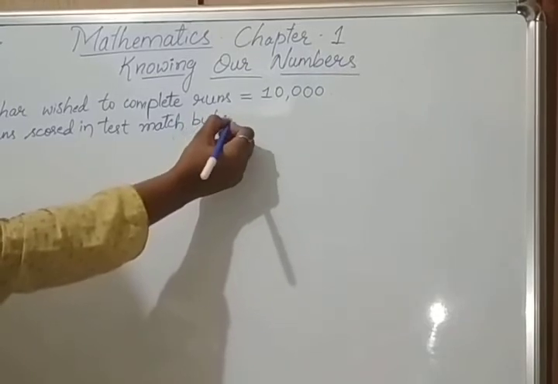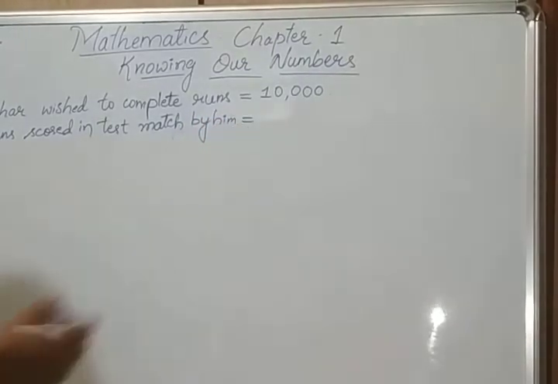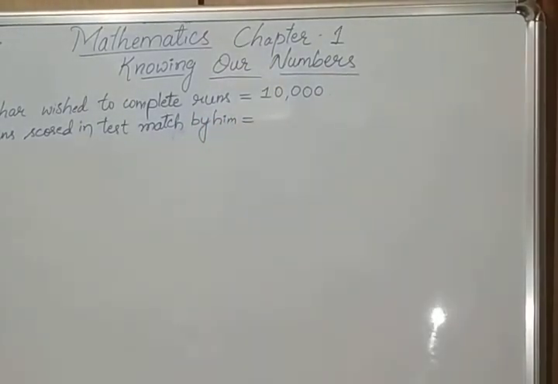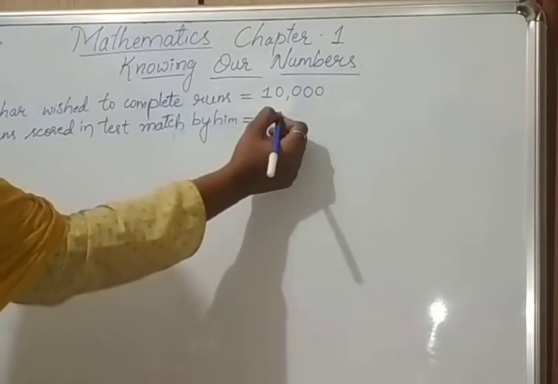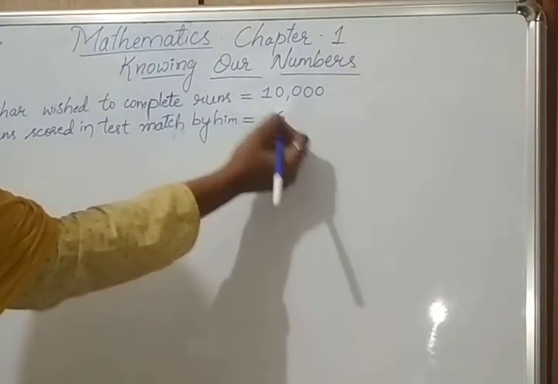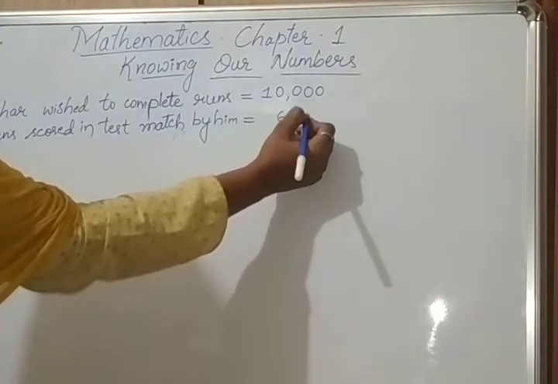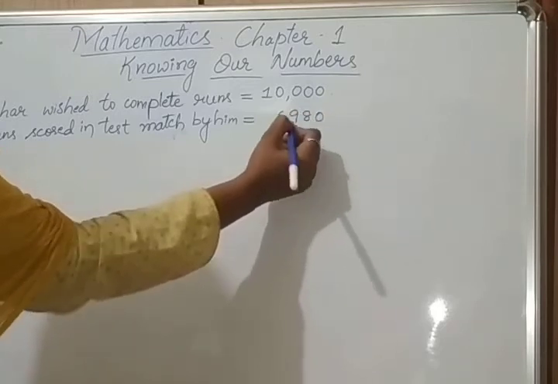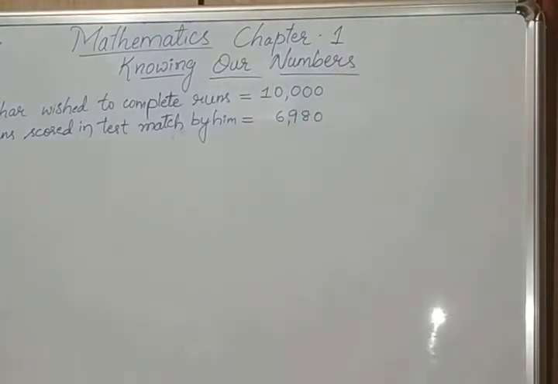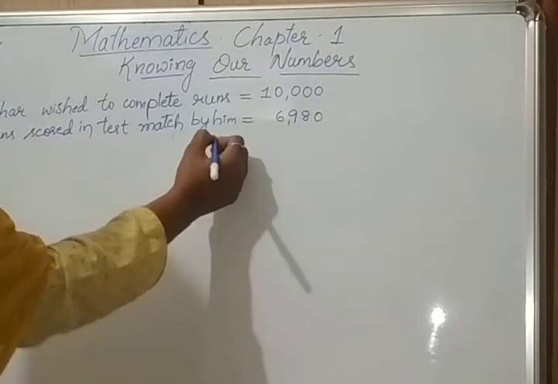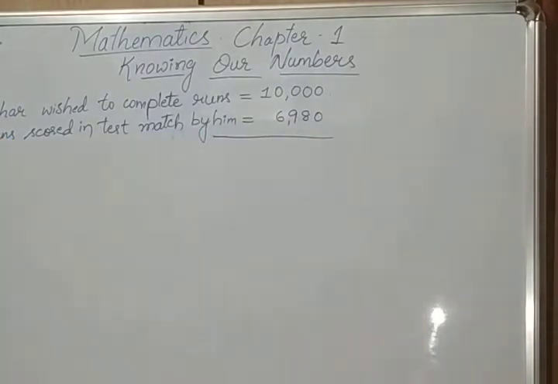By him means here Shekhar. How many runs he scored here? 6,980. See, you have to leave the 10,000 place: 6,000 and 980. 6,980. So, what we have to find out here in the question given?